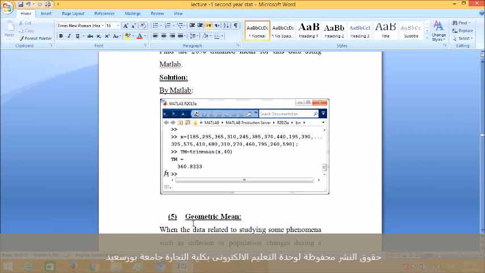The fifth measure is the geometric mean. This is another measure of central tendency when the data set is in the form of ratios.